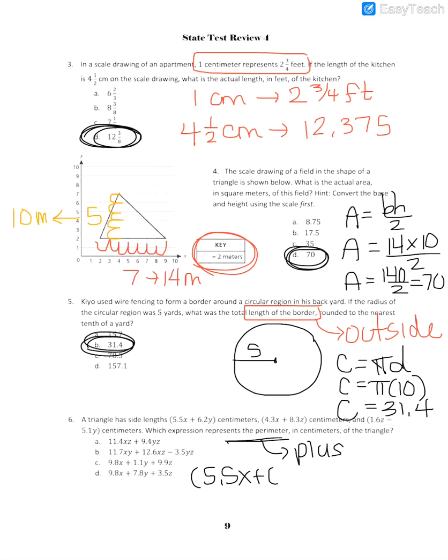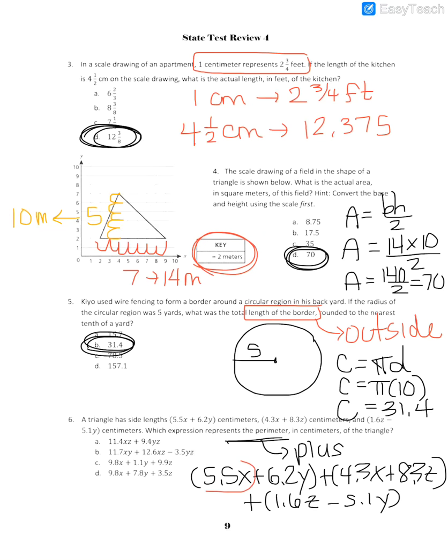5.5x plus 6.2y, 4.3x plus 8.3z, and 1.6z minus 5.1y. All right, let's start with all of our x's.